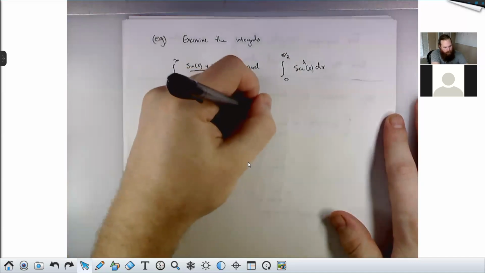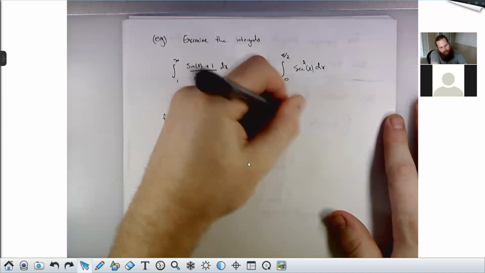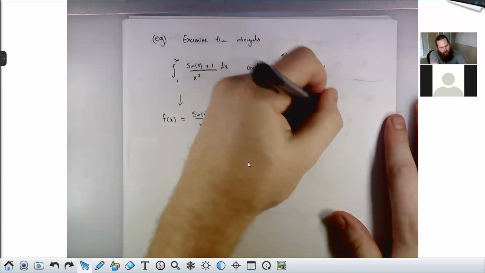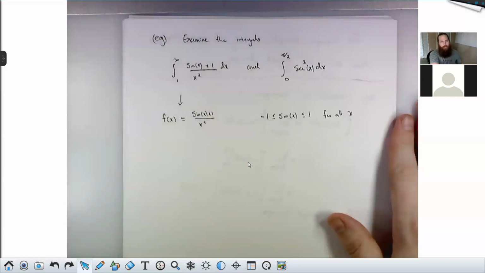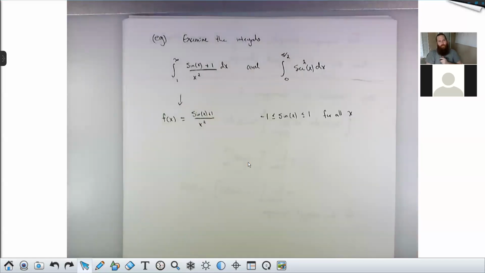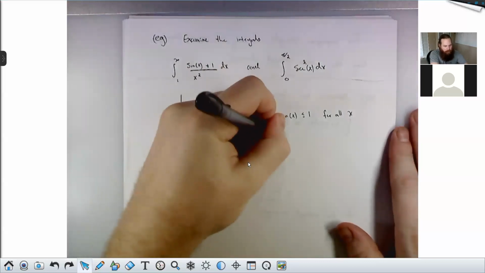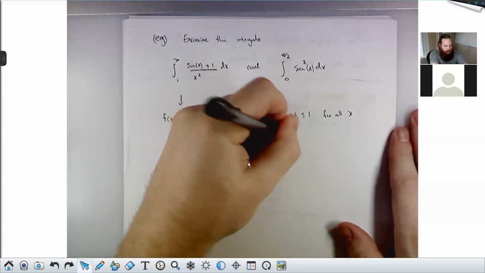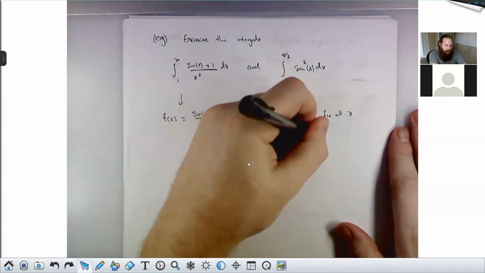We know that -1 is less than or equal to sine x is less than or equal to 1 for all x, right? Sine is always bounded between -1 and 1, which means 0 is less than or equal to sine x plus 1 is less than or equal to 2.